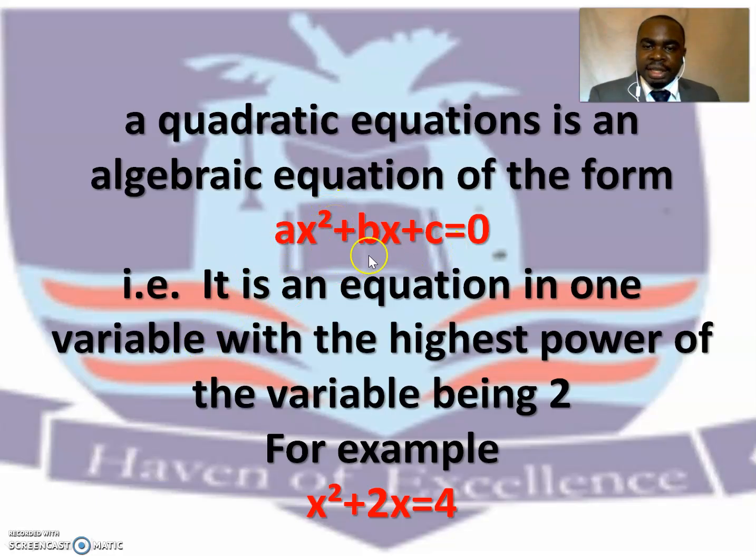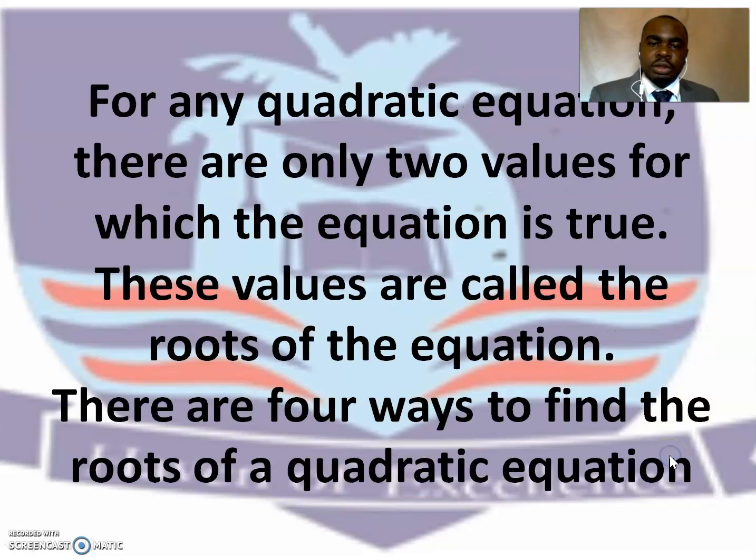Here we have the base form ax squared plus bx plus c equal to 0, where a is the coefficient of x squared, b is the coefficient of x, c is a constant, and x is our variable. This is going to be an example. x squared plus 2x equal to 4. That's an example of a quadratic equation.